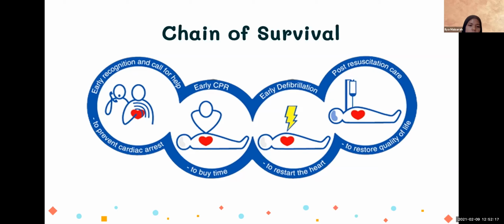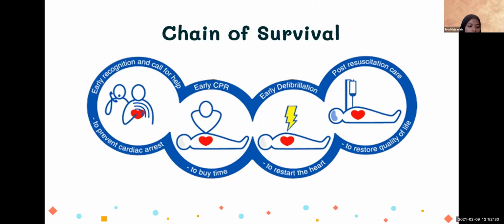Next is early CPR. CPR can be done before the helper comes, and this immediate CPR can increase the survival rate from cardiac arrest.